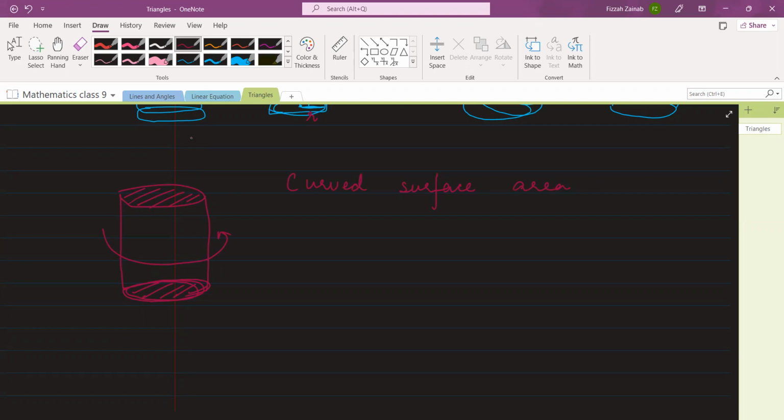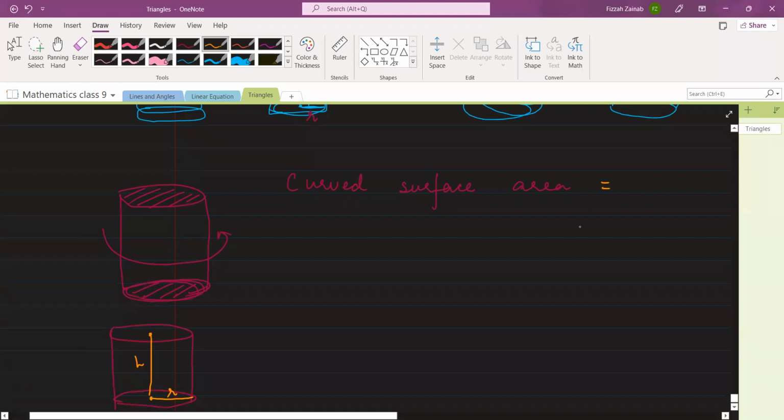So I think you need to draw a figure like this and just mark what is your R and what is your H in this figure. So this R is the radius of the base, and from the center of the top to the center of the bottom, this is your height H. So the curved surface area of the cylinder is 2 pi R into H. Now where are you getting this from?